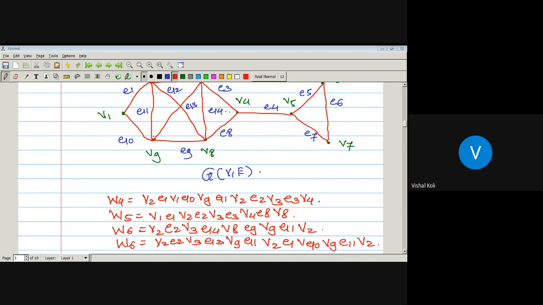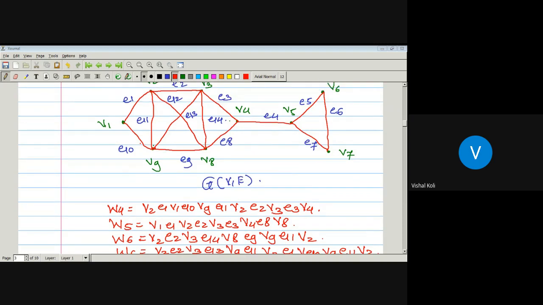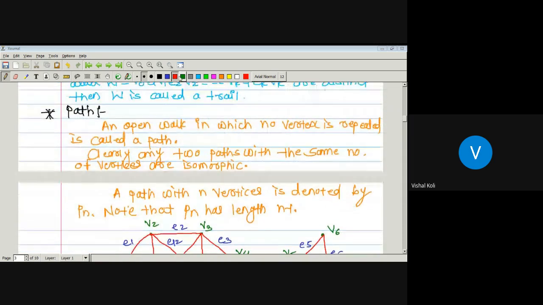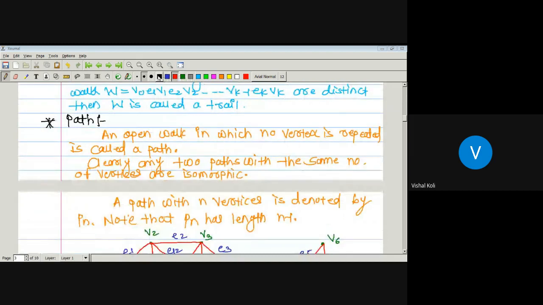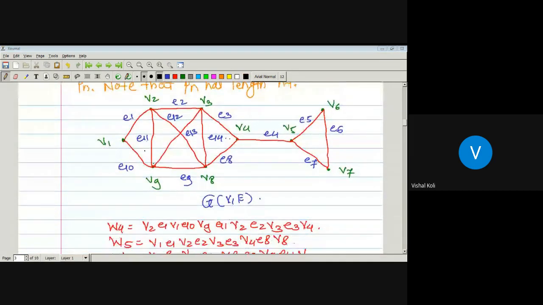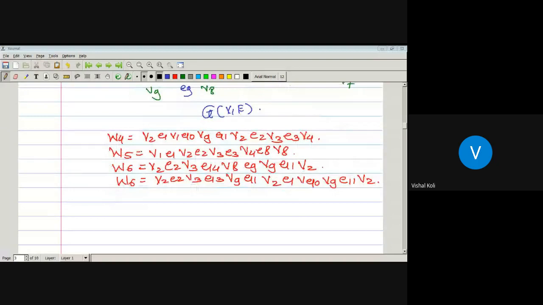Okay, so we know what is a path. A path is nothing but an open walk in which no vertex is repeated. Now tell me whether W4 is a path. First we have to check whether it is an open walk. If it is an open walk, then we have to check the second condition. Is W4 a path?